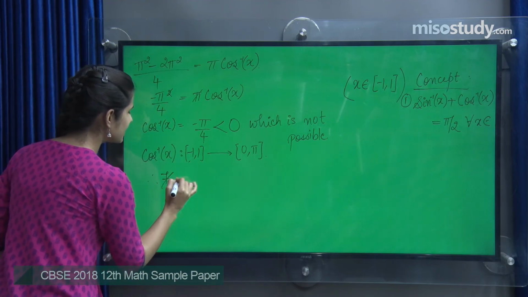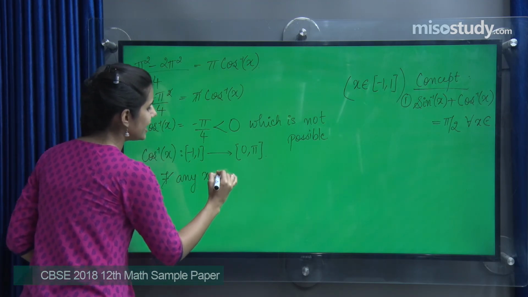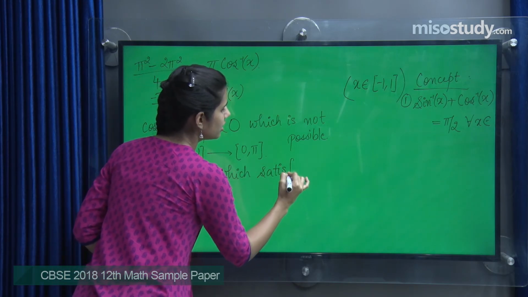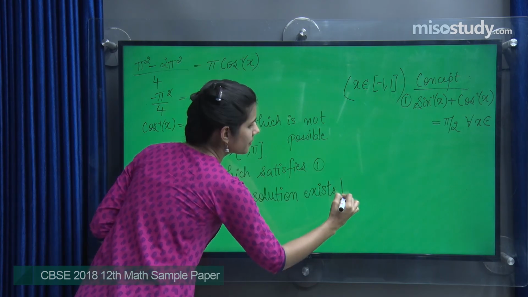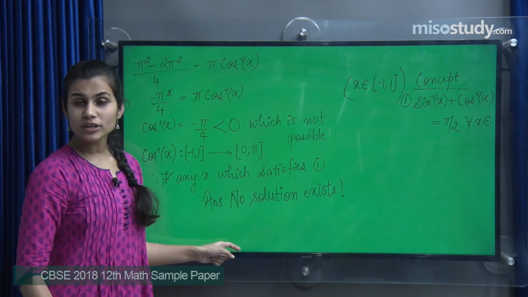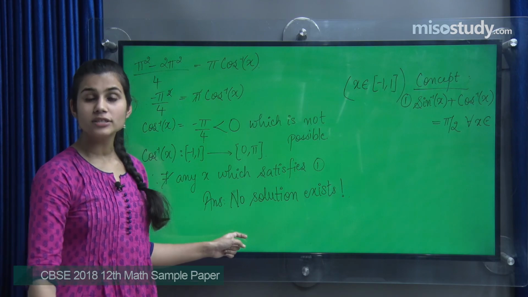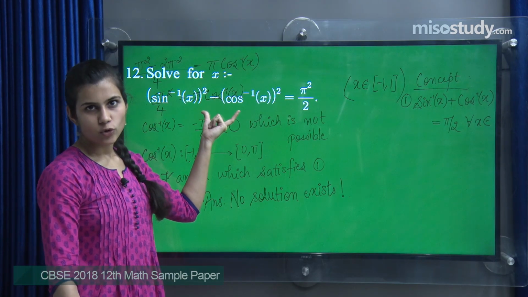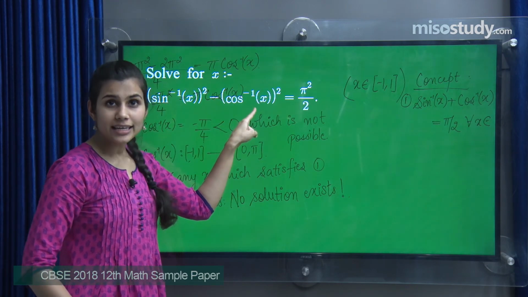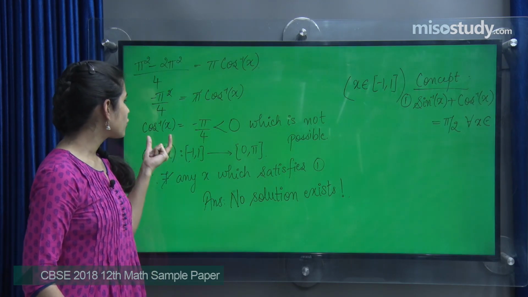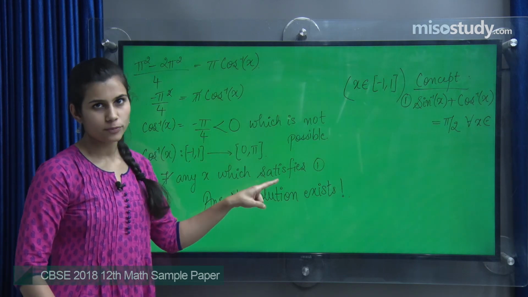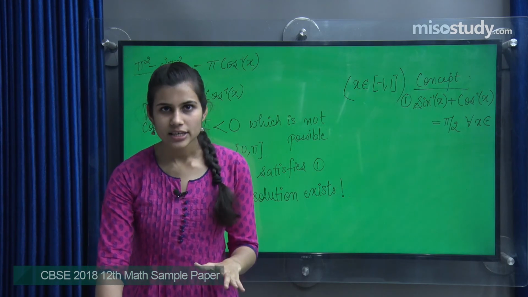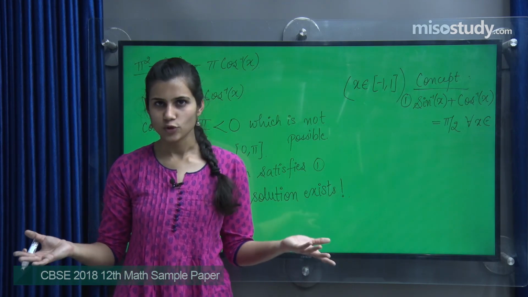Absolutely no solution exists in this case because there is no x which satisfies this trigonometric equation. Because if it would have satisfied, I would have got that cos inverse of that x is negative, which is not possible. And that's how we deal with this question. The answer is that there is no x which satisfies that equation.